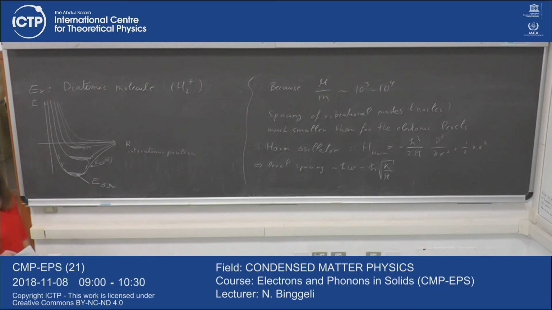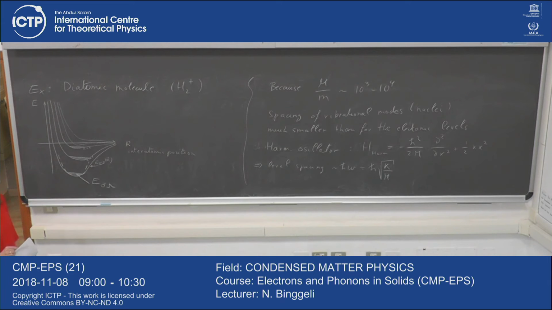Now, can't the solutions overlap each other as you go up in the levels? Well, the point is that we are interested in the lowest state at room temperature. We will need just to focus on this, because this energy difference is very large with respect to what we are interested in.